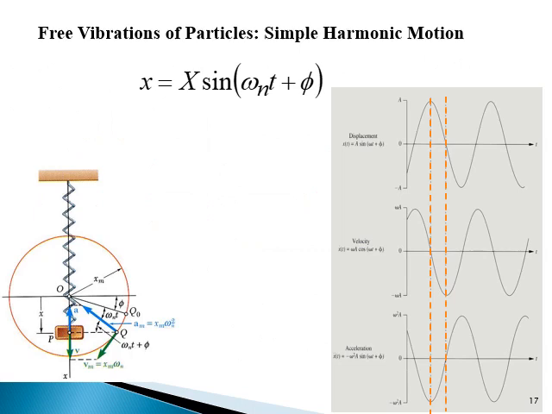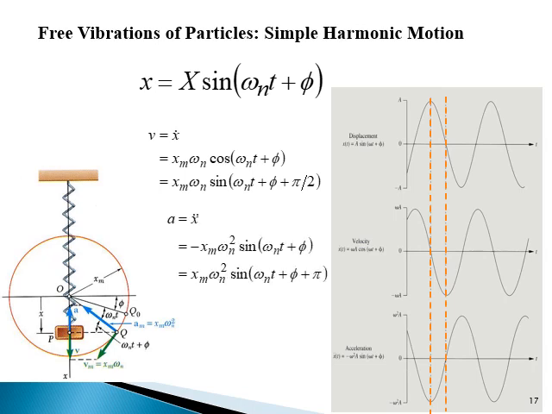It is again shown in this picture. X is the displacement vector; the velocity vector will be the differentiation of x. It will give x omega n cos omega t plus phi, which can be written in the form of sine as x omega n sine omega t plus phi plus 90. In this graph, the displacement is x sine omega t, and 90 forward of this is the velocity vector, and the acceleration vector is again 90 forward of the velocity vector.